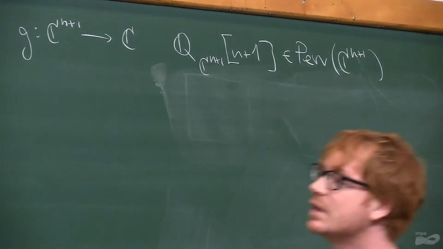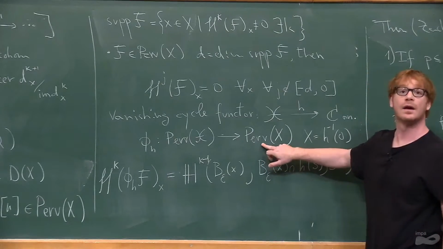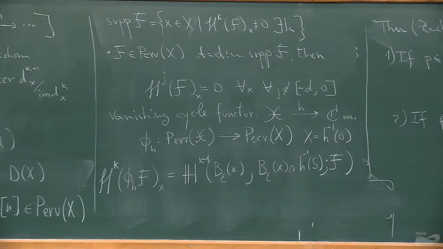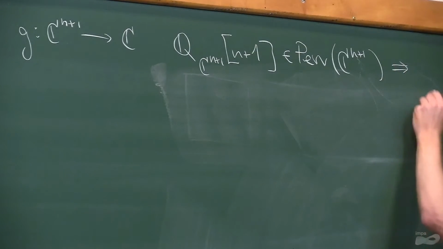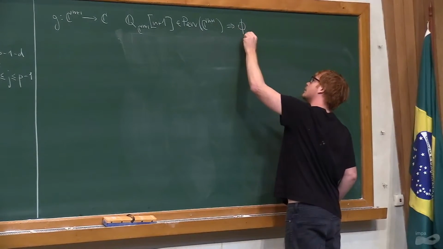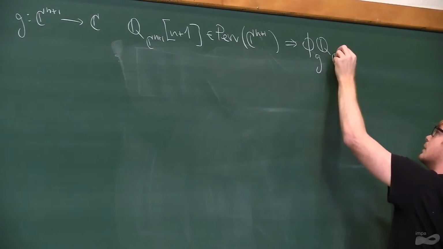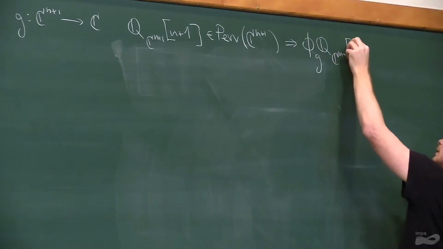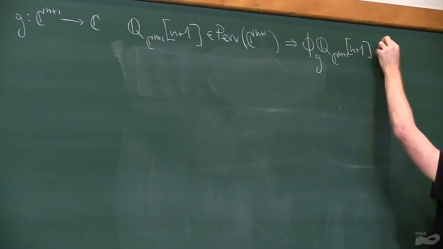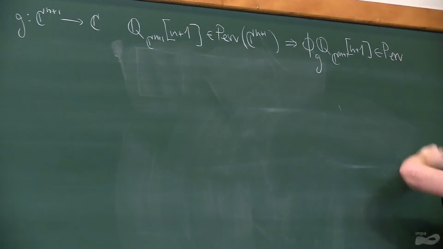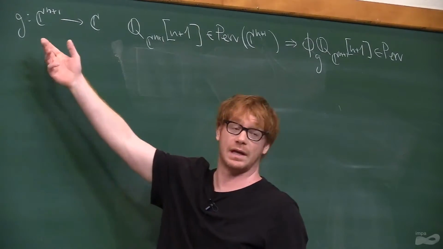And then we don't know what this functor does exactly, but we know that if we apply it, we will obtain a perverse sheaf on the central fiber. Right? So let's apply it. So this has to be, whatever it is, a perverse sheaf where? On the central fiber, G^(-1)(0). That is exactly X.